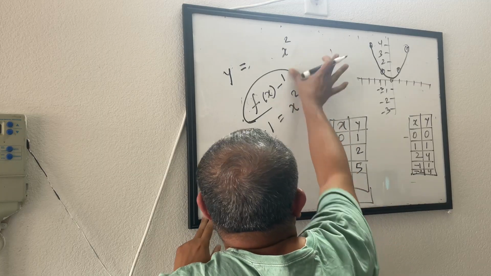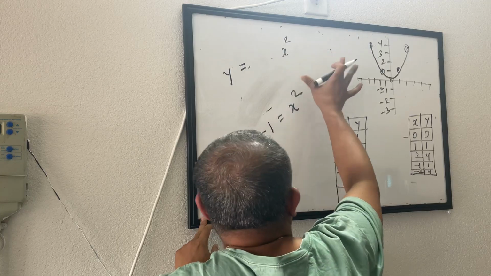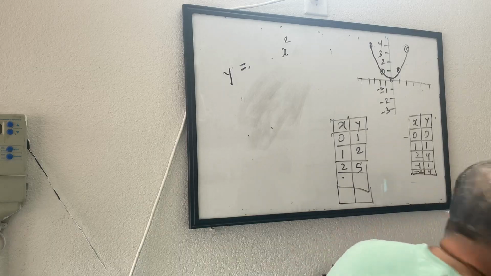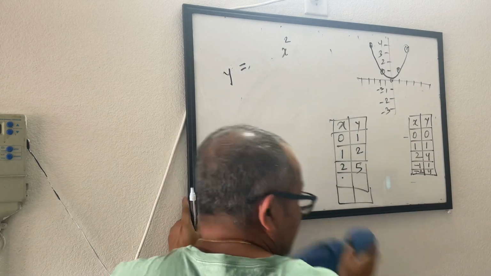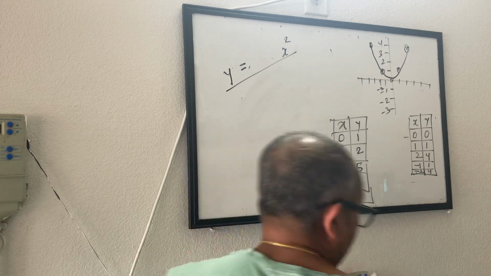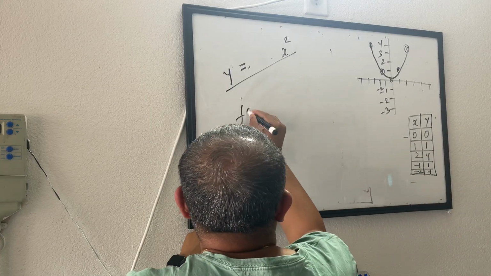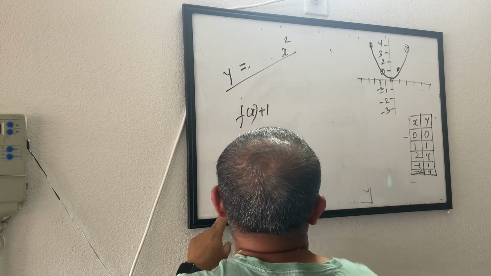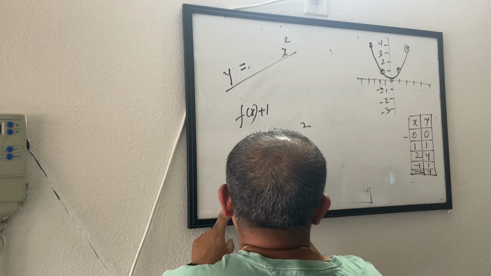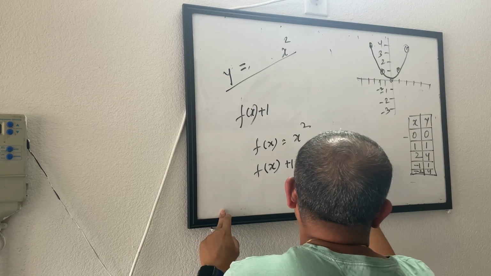Actually, I'm doing something wrong here. Okay, let me correct myself. So this was my function, and I'm trying to plot for f of x plus 1. Meaning f of x is nothing but x squared, so if I'm trying to plot for f of x plus 1, I'm trying to plot for x squared plus 1.